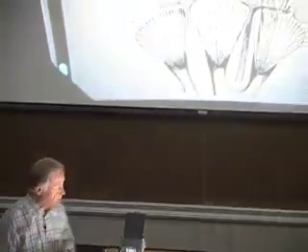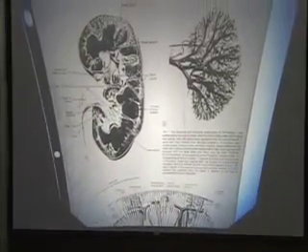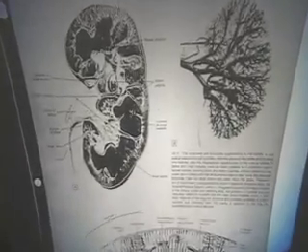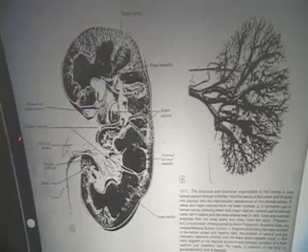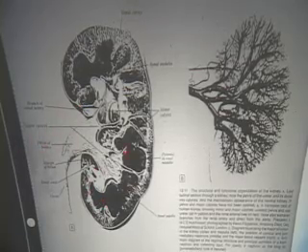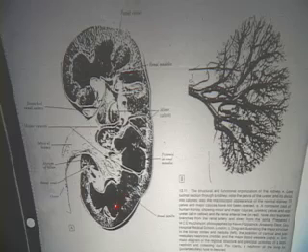So let's take a look inside the kidney at some of the anatomy. This is a slice through the kidney. Basically you can't tell a whole lot other than it has some different structures near the surface than it has in the internal. This is called the cortex. These internal structures are called the medulla. We won't need to deal with that.